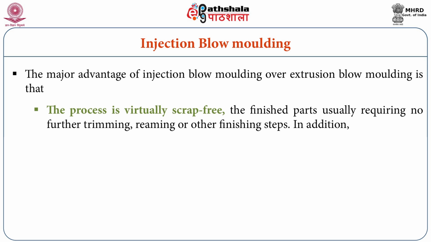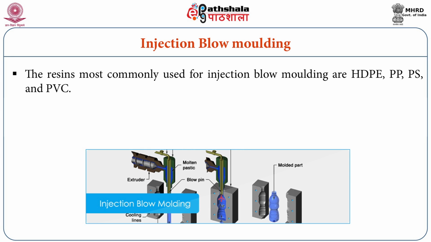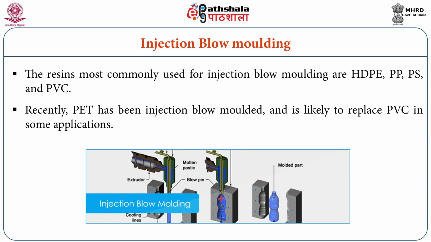In addition, the dimensions of bottles show very slight variation from bottle to bottle, and with some materials, improved strength and clarity are attained due to the effect of limited degree of biaxial orientation. The resins most commonly used for injection blow molding are HDPE, PP, PS and PVC. Recently, PET has been injection blow molded and is likely to replace PVC in some applications.